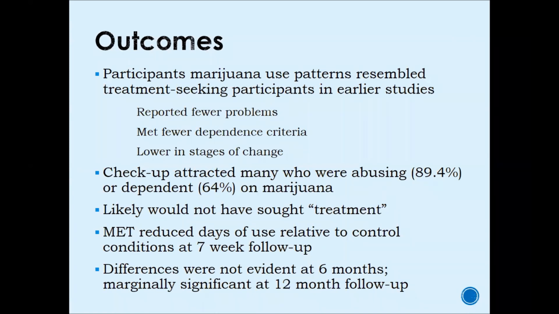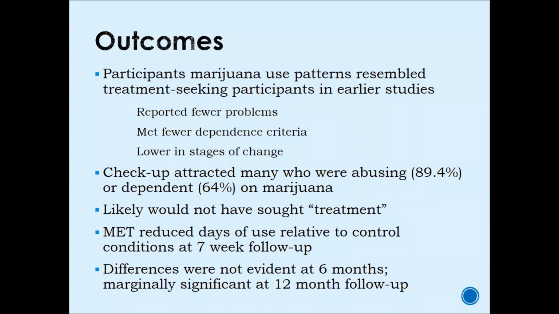And of course, which makes sense, they were also lower in stages of change. The study did attract a lot of people, though, who had diagnoses for marijuana problems. So 89% of the sample met abuse criteria and 64% were dependent on marijuana.